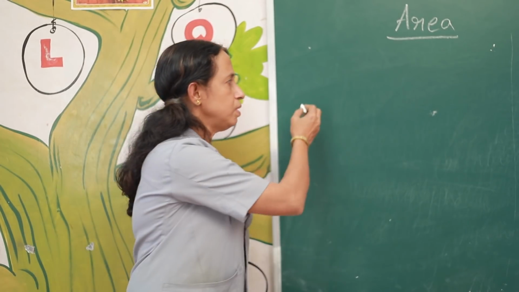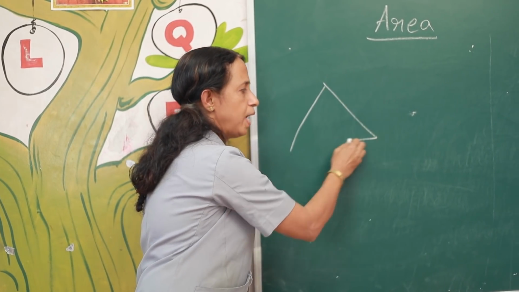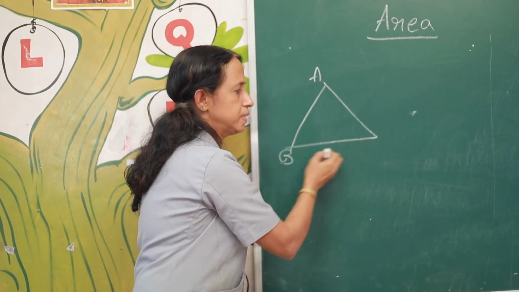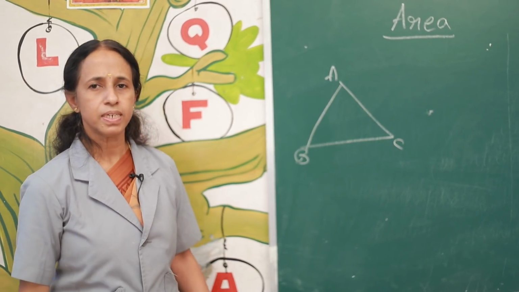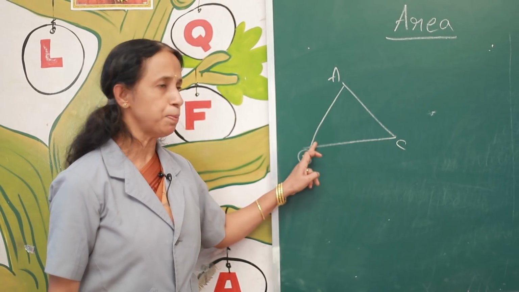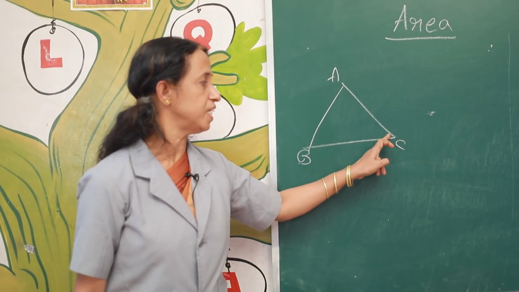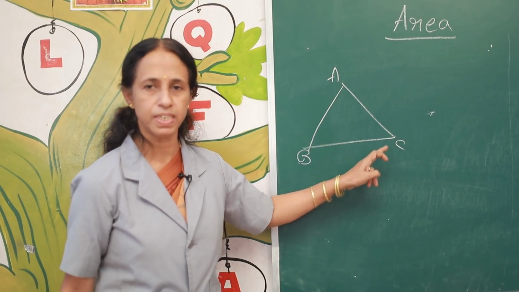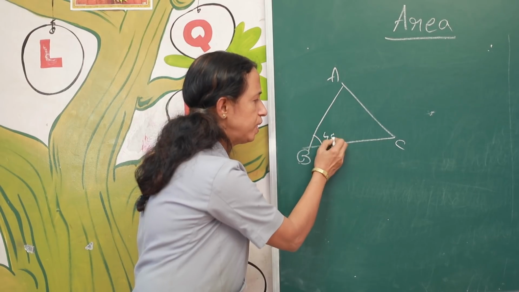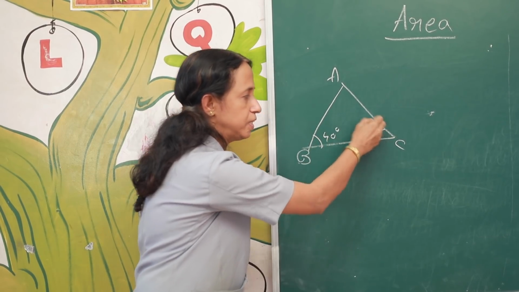Consider a triangle ABC. Angle at B is equal to 40 degree and angle at C is equal to 60 degree.